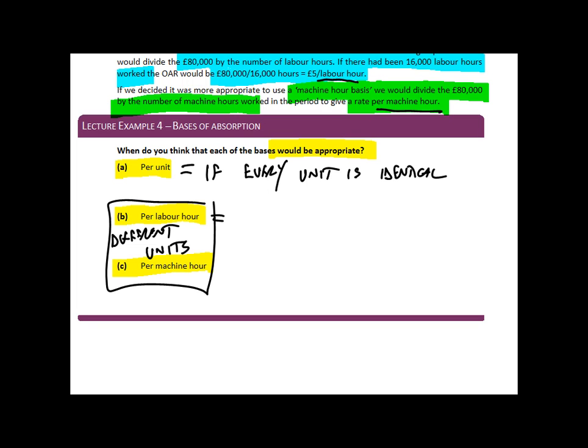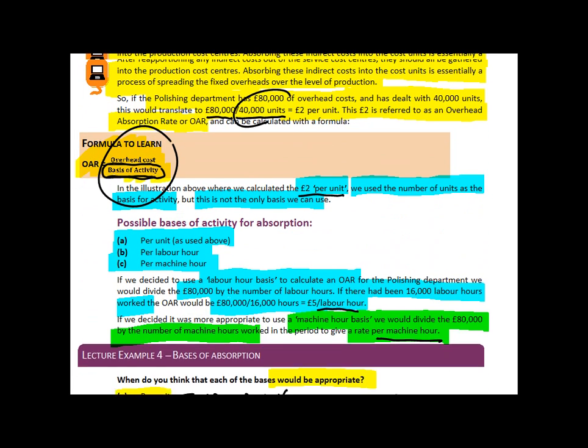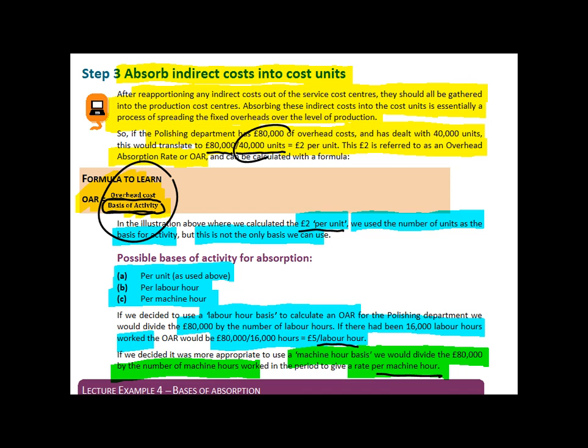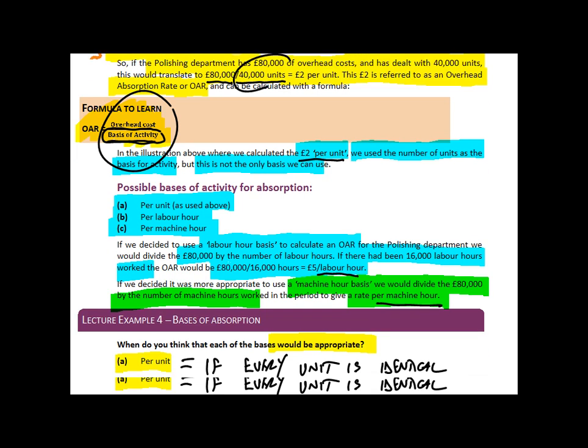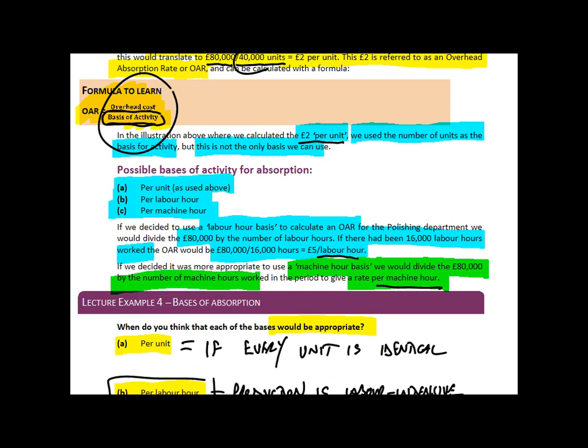Well, in this case, why would I use per labour hour? Well, this is if there's different units being made and production is labour intensive. Labour intensive means that the units are handmade. So if in our example we did make 20,000 little units and 20,000 big units and they were handmade, I might do it on a labour hour basis, because the bigger units will probably take longer to make.